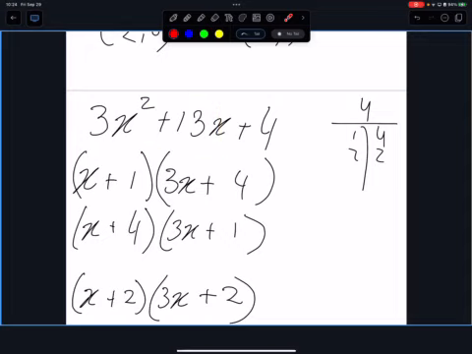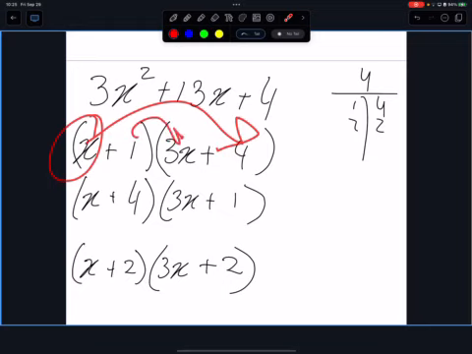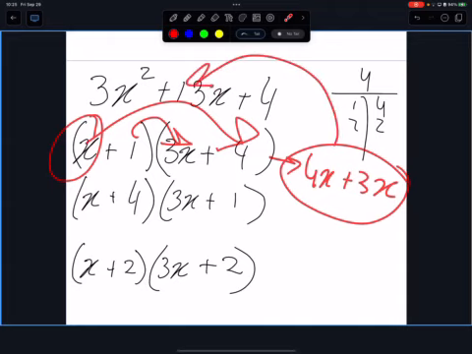So, what is the one in the middle again? Two numbers added with each other become 13x. First one: x times 4 is 4x, add 1 times 3x, 3x. So I have here 4x plus 3x. Does that become 13x?